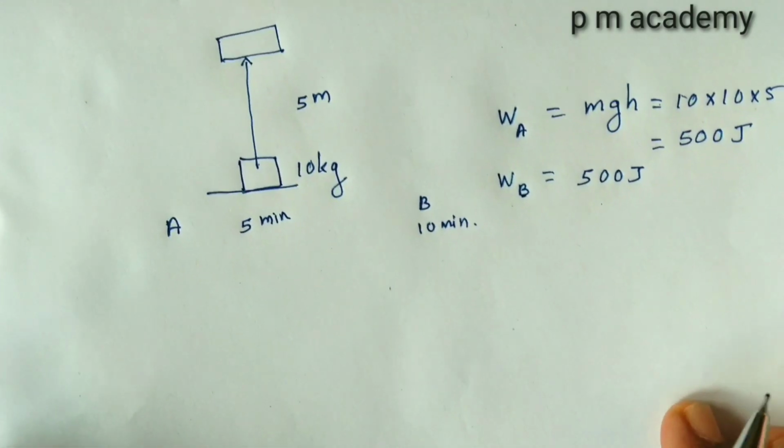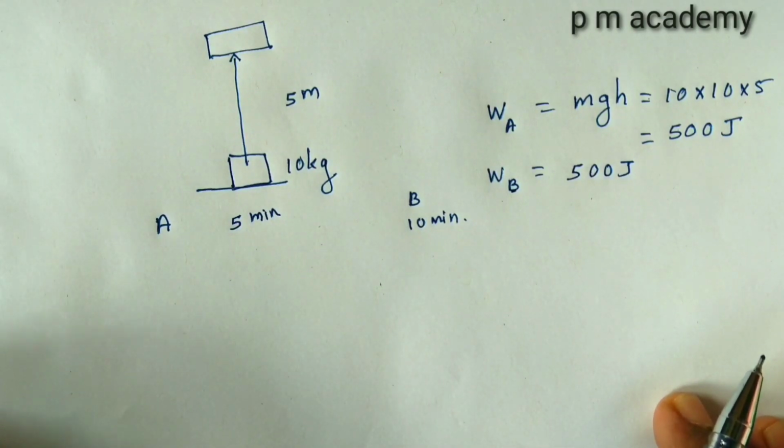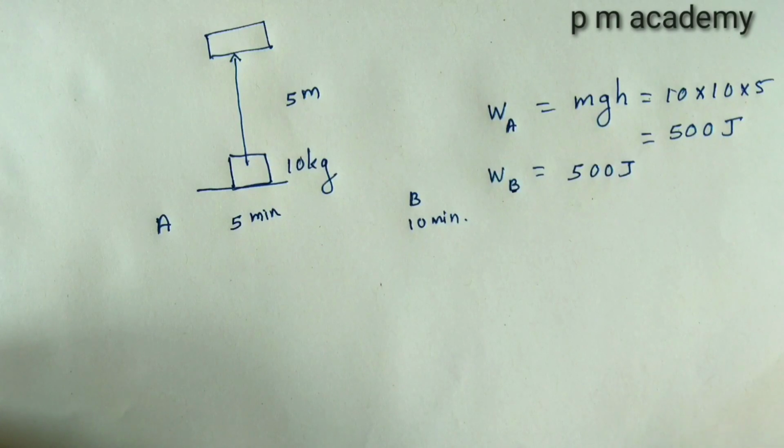What is power? Power is a physical quantity that determines how fast the work is done. That is, in 1 minute or in 1 second, how much work is done. That is known as power.